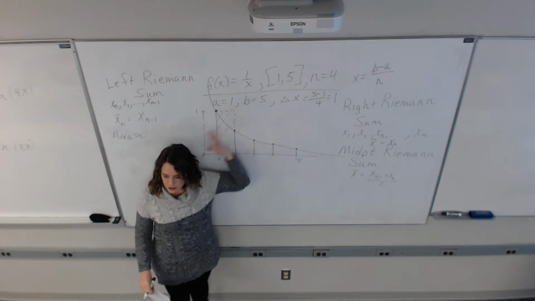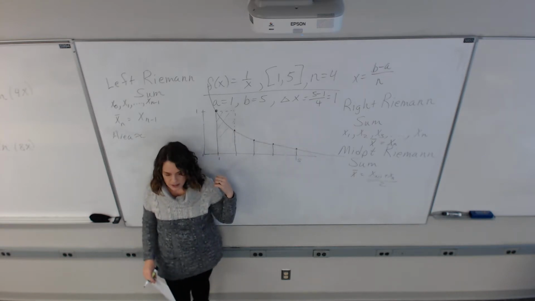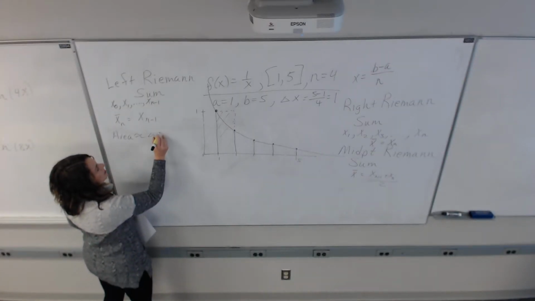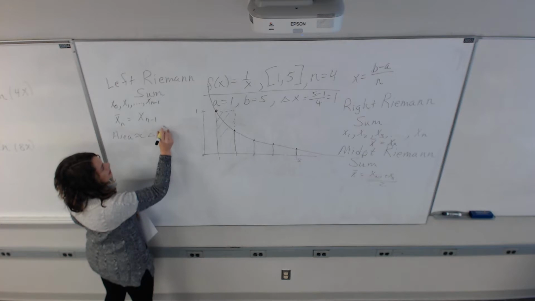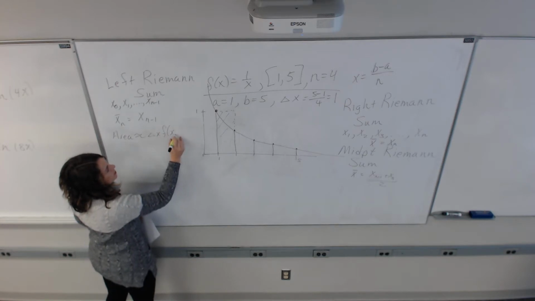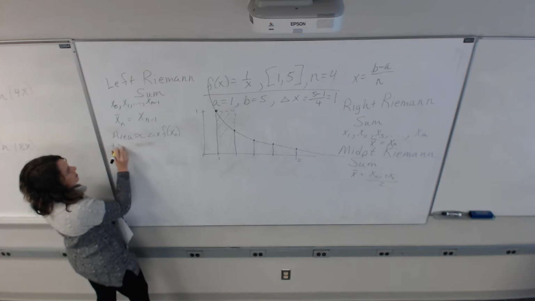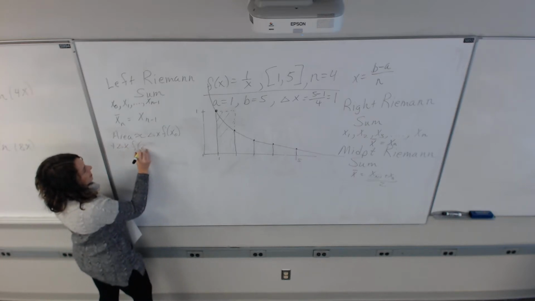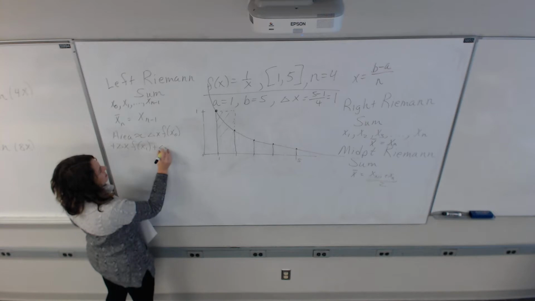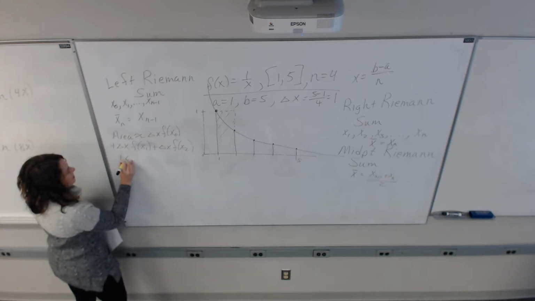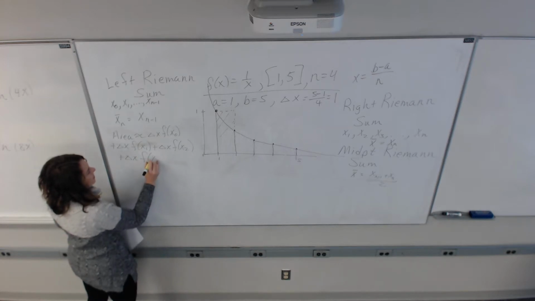So could I factor out the widths of all the boxes in one go? Because this should be delta x times f of x sub 0 plus delta x, move over, times f of x sub 1 plus delta x f of x sub 2 plus delta x f of x sub 3.